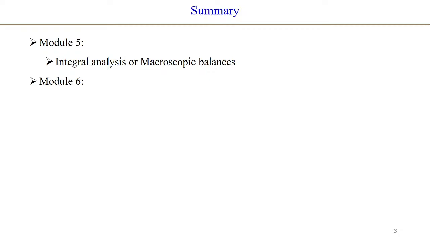For example, in some of the problems or assignments we discussed how the temperature changes or how the concentration changes using the substantial derivative. Then in the next two modules, module 7 and 8, we looked at the differential analysis.